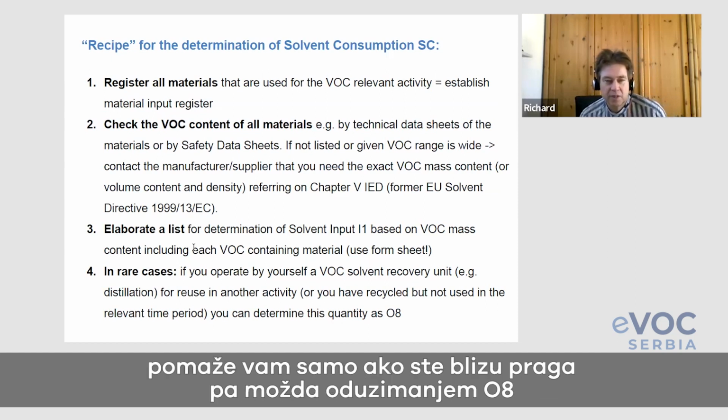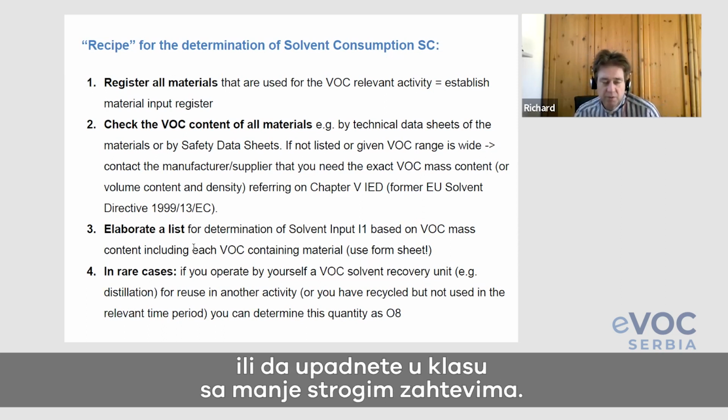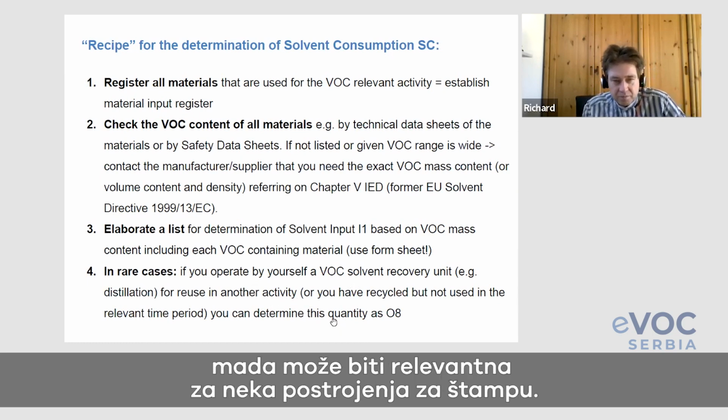It helps you only if you are very close to the threshold, and then maybe, if you subtract O8, you can be not under the scope of the VOC decree, or maybe you can come to a class with less strict requirements. But generally the recovery of solvent is not so common, but for some printing installations it's relevant.